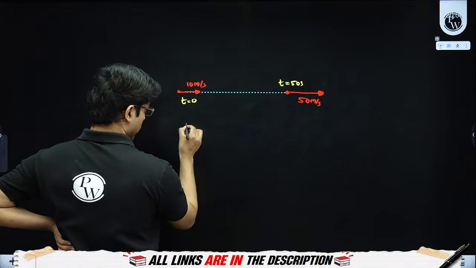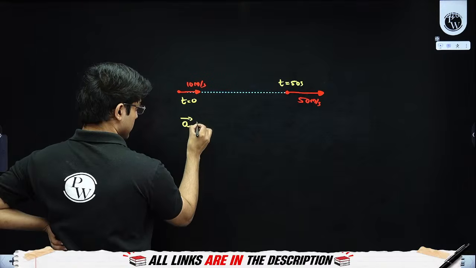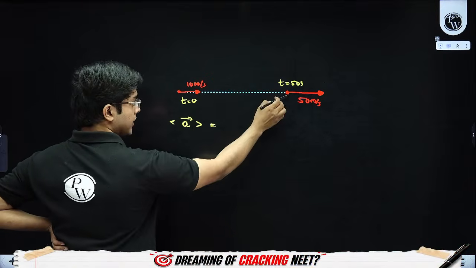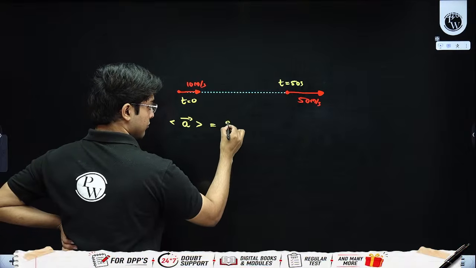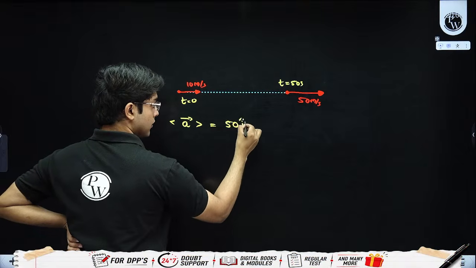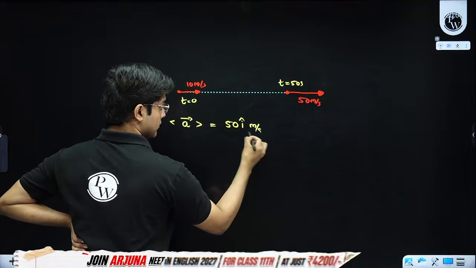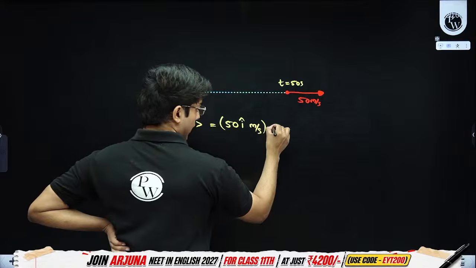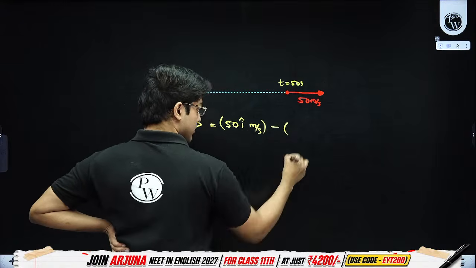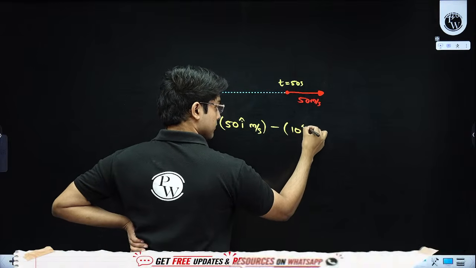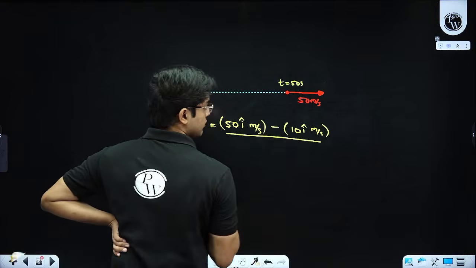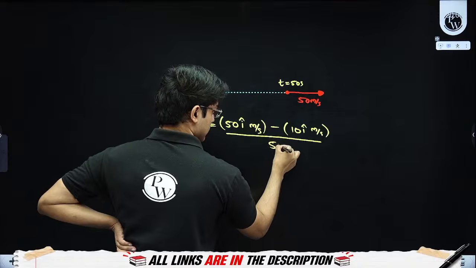Okay, so average acceleration is the final velocity, which is 50 i cap. You have to include the i cap because you have to substitute the velocity vector here, minus the initial velocity vector, which is 10 i cap, divided by the time duration of this journey, which is 50 seconds.